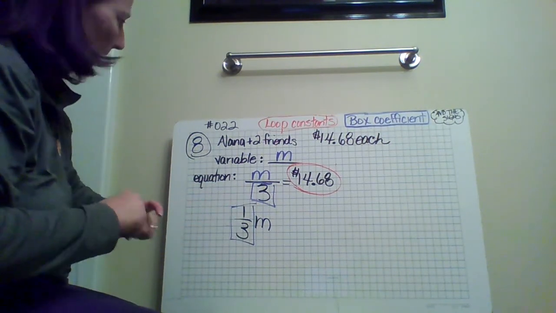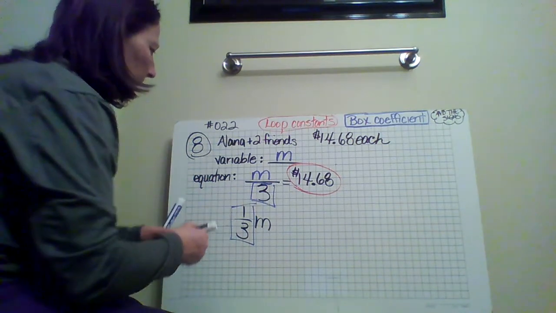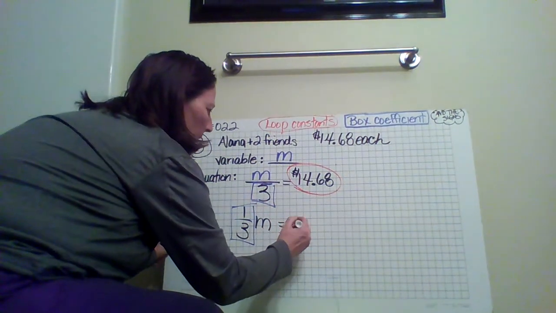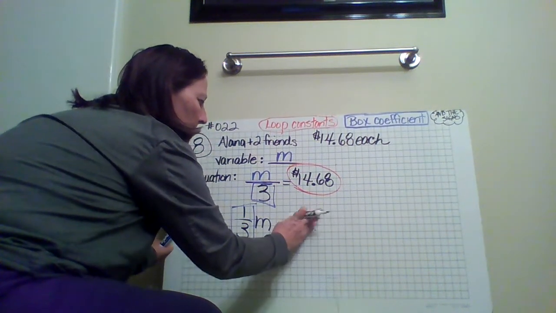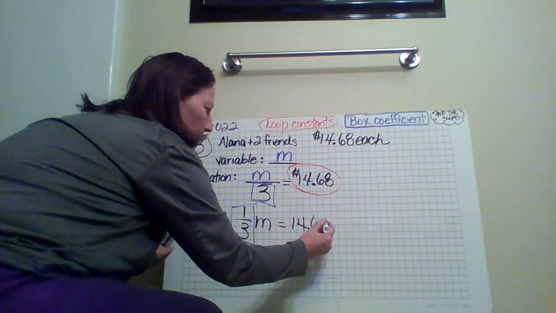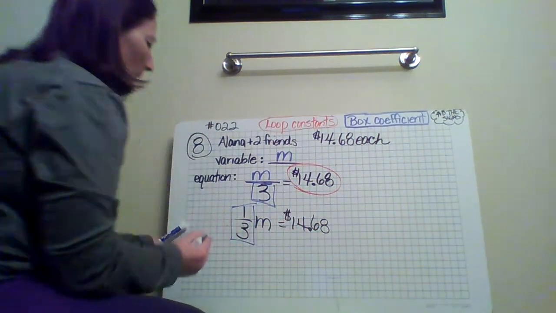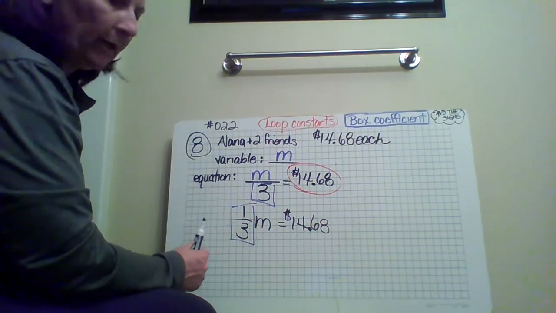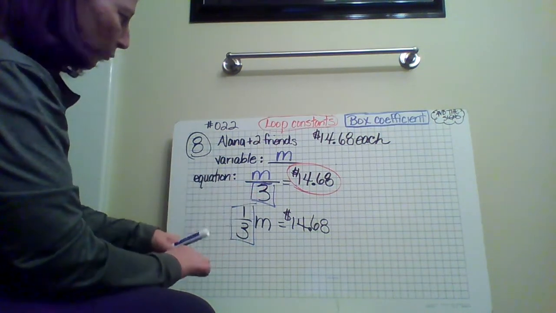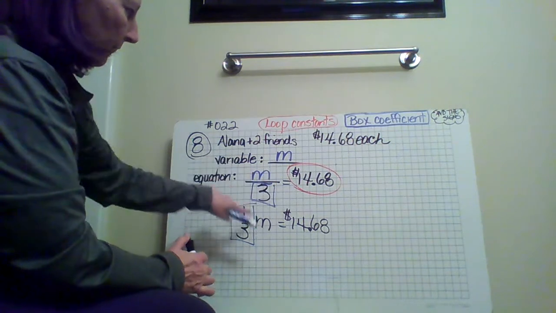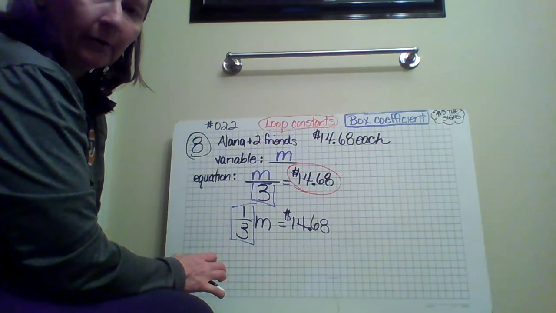1/3 m equals $14.68. Multiplying by 1/3 is the same thing as dividing by 3, so both of those equations are the same value.